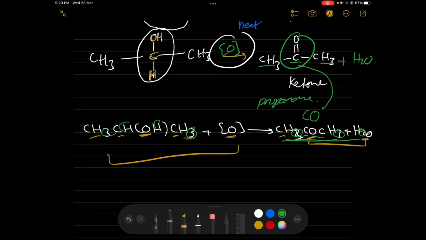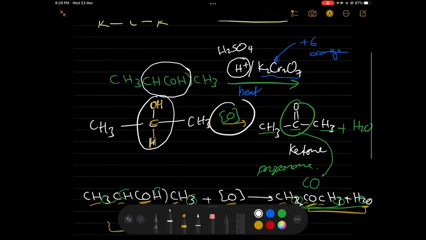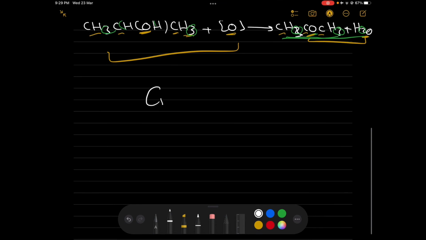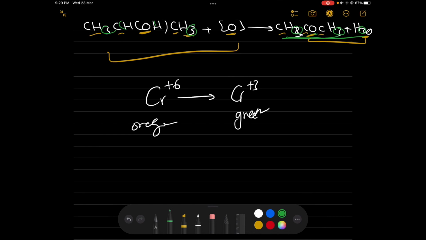The observation in this case is the orange color changing to green. This is a result of the oxidation number of chromium changing from +6 to chromium +3. The chromium +3 appears green. Put in your mind that the chromium is not an organic compound.